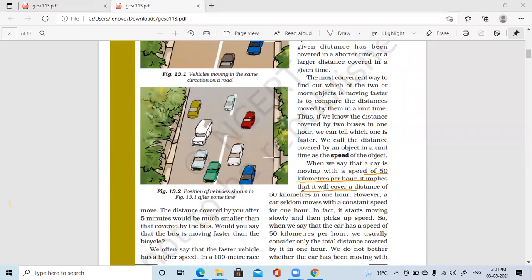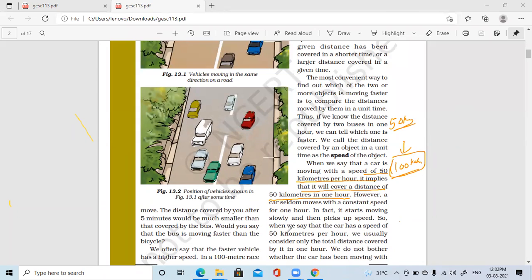It implies that it will cover a distance of 50 kilometers in 1 hour. When you are going somewhere in a car with your family and the reading of the meter is 100 kilometers per hour, it means that your car will cover 100 kilometers in 1 hour. But if there is traffic in between, it is not possible to keep the same speed.